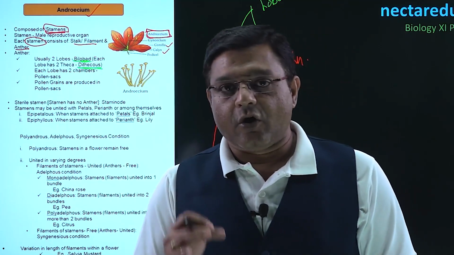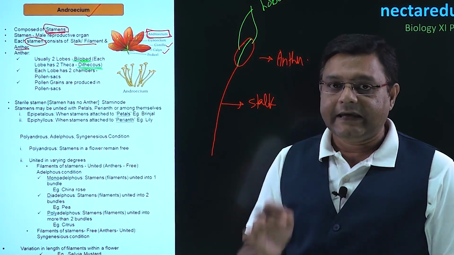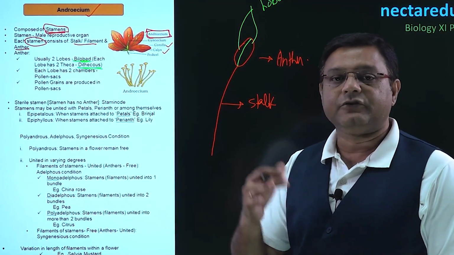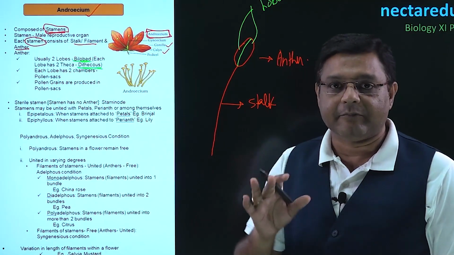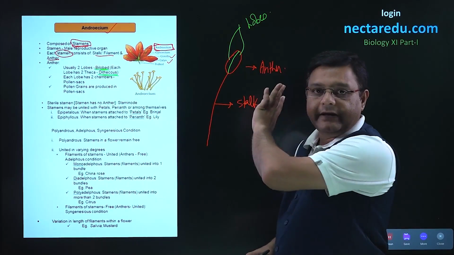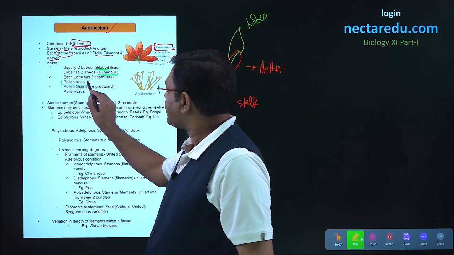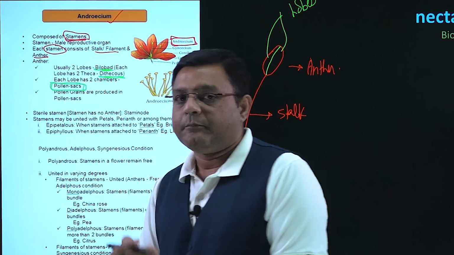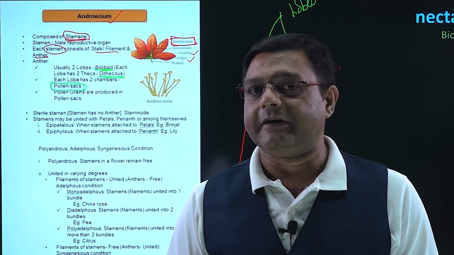Now, if we talk of the four theca present in this anther, each lobe will have two chambers, or we can say that each theca will have one chamber. So, in all there will be four chambers in this anther, and these chambers are called pollen sacs. Pollen sacs are obviously the structures which have pollen grains present inside them.